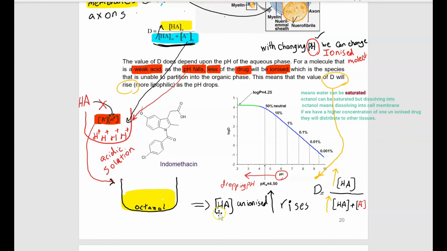So the ratio of the concentration of medication will increase. So as you can see, log D will increase because the denominator will increase. So that's why this amount is at its highest level.